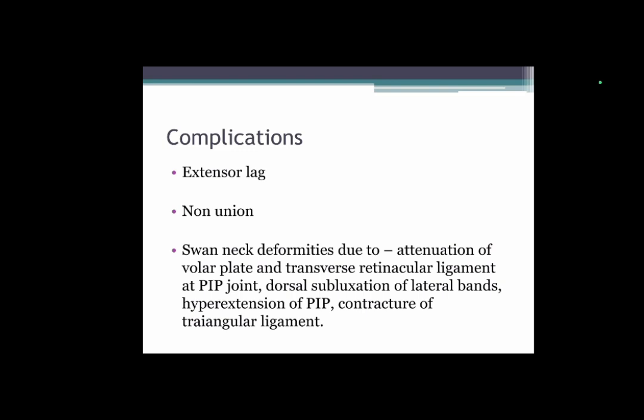After understanding the possible complications, let us summarize the key points about mallet finger and its management.